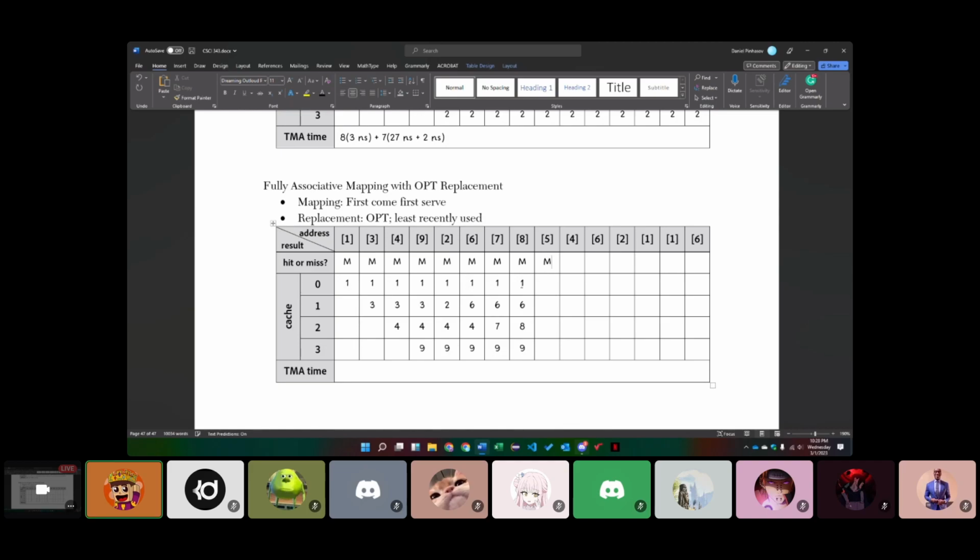Five is a miss. Again, 1 and 6, no 8 and 9, so let's replace 8. Four is a miss. Again, 1 and 6, no 5, no 9. Let's replace 5.